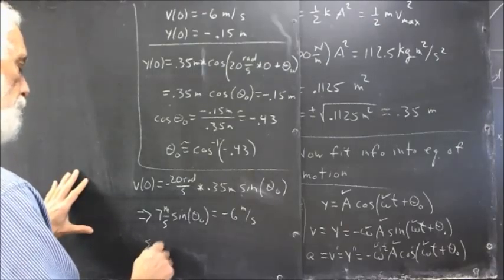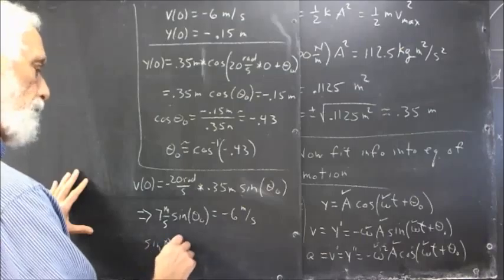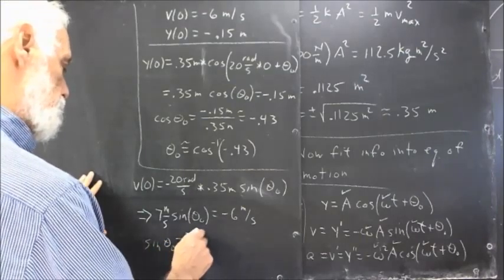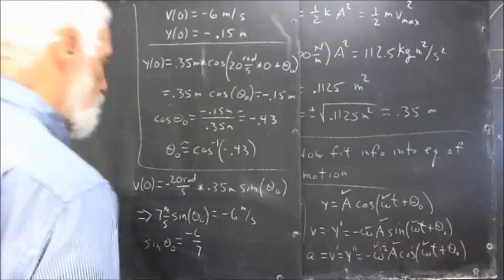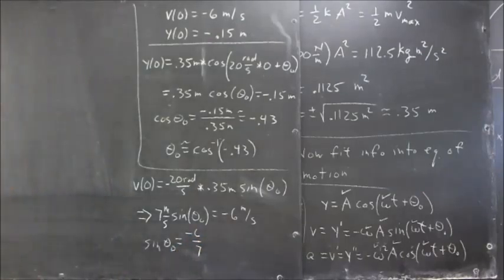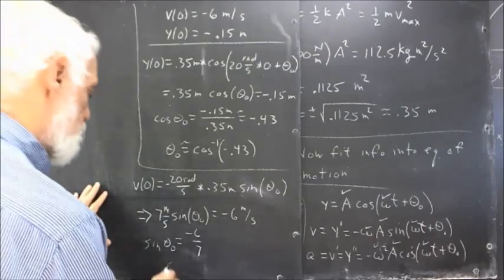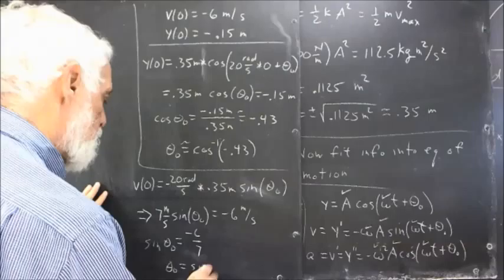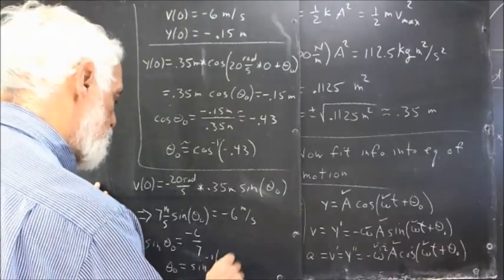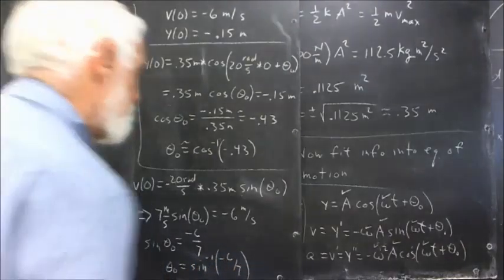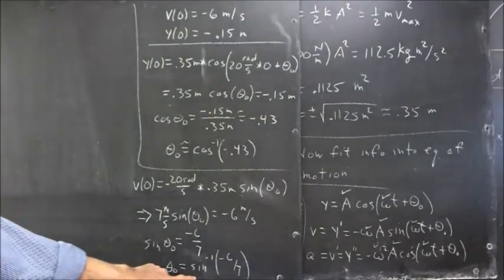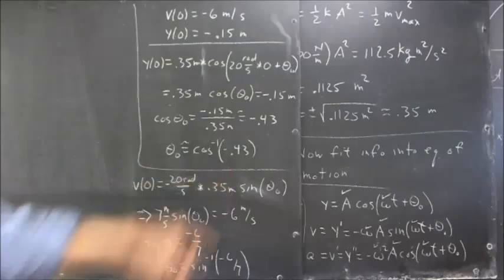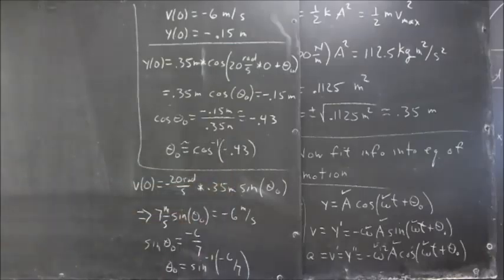So the sine of theta naught should be -6/7, meaning that theta naught should be the inverse sine of -6/7. Now, is the inverse sine of -6/7 equal to the inverse cosine of -0.43?